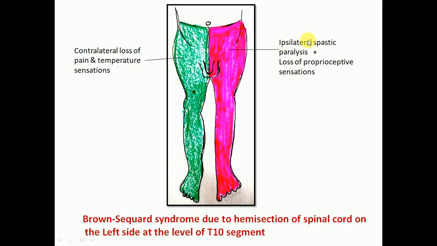This spastic paralysis is due to involvement of the pyramidal tract, and loss of proprioceptive sensation is due to involvement of the spinocerebellar tract. On the opposite side, there is a contralateral loss of pain and temperature sensation due to involvement of the spinothalamic tract. So these are the signs and symptoms of Brown-Sequard syndrome.